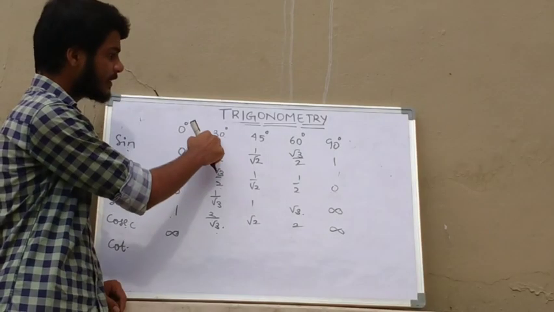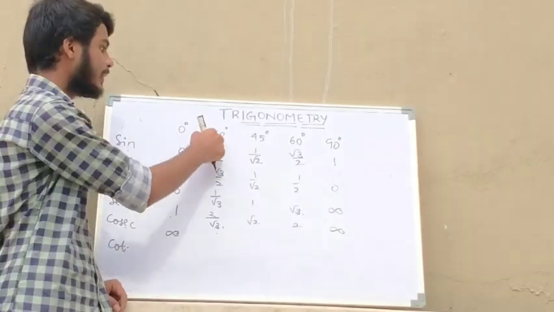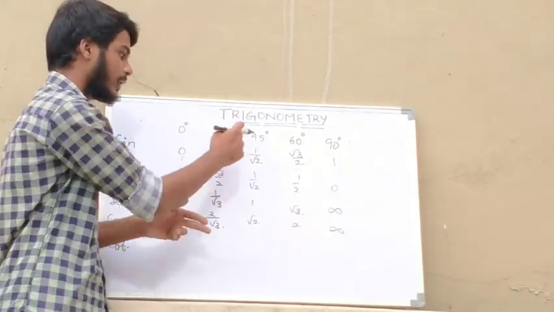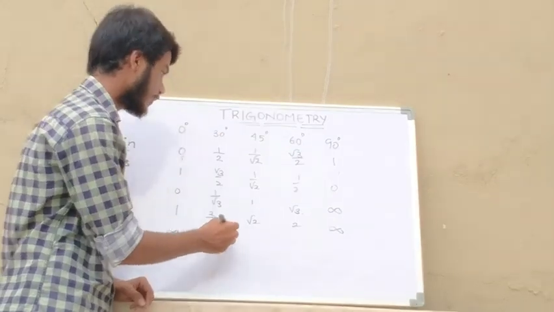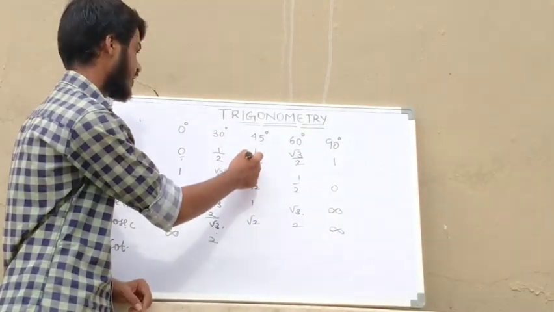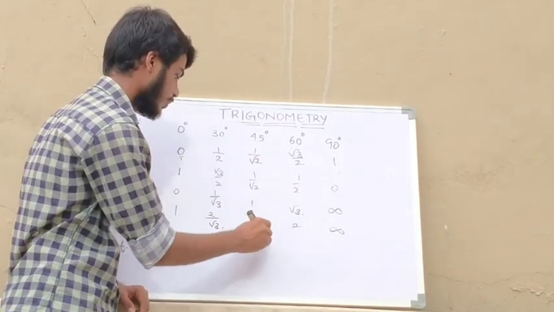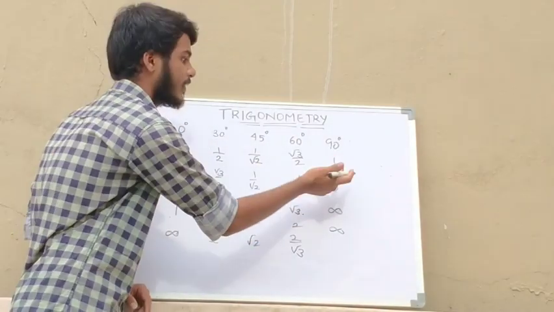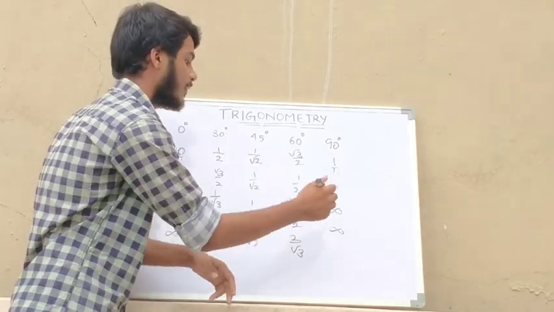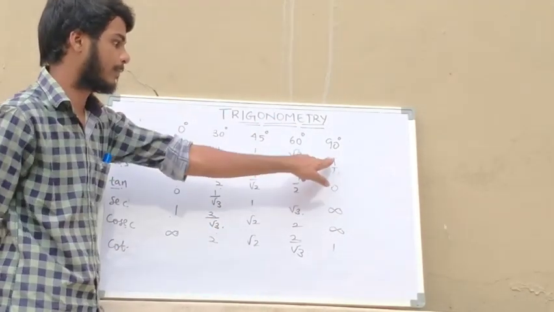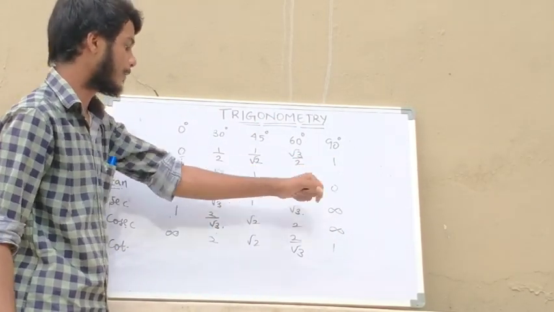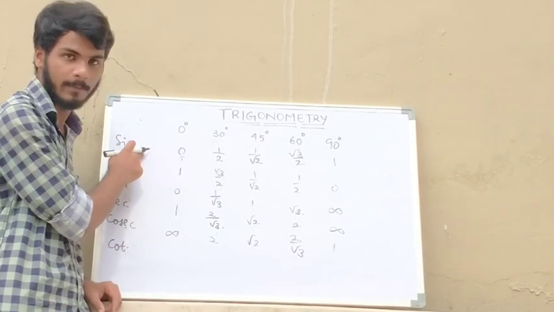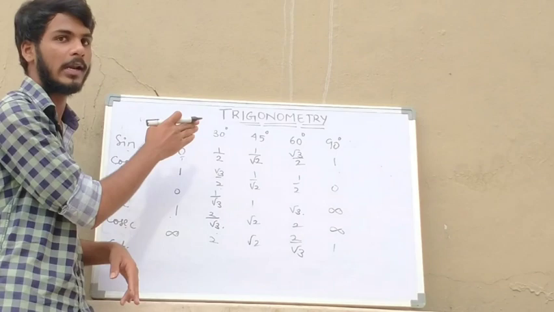Cosecant 30 is the reverse of sin 30. Sin 30 is 1 by 2, reversed it is 2 by 1, which is 2. Cosecant 45 is root 2, cosecant 60 is 2 by root 3, and cosecant 90 is 1 by 1, which is 1. So cosecant is the reciprocal of sine, and we get the reversed values.